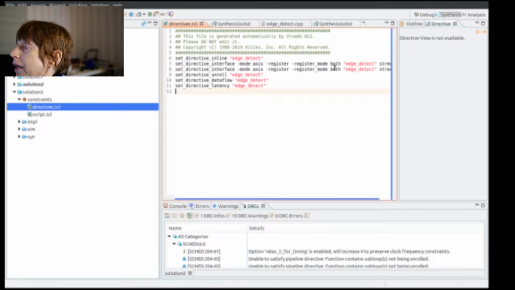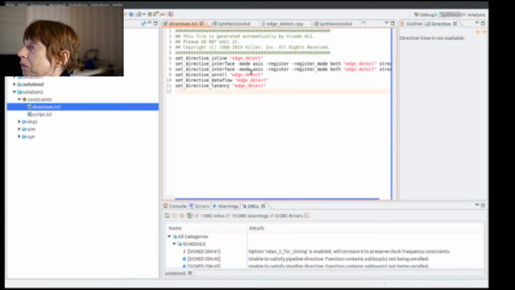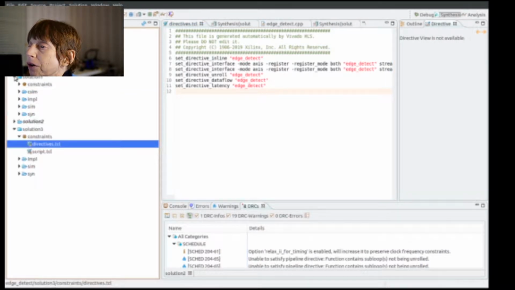look at the directives, there are several directives here. The first, the stream directives, in and out. Those are actually quite important because when you look at solution 1, which has no directives, and you try to use it, you're going to get a whole mess of inputs and outputs.